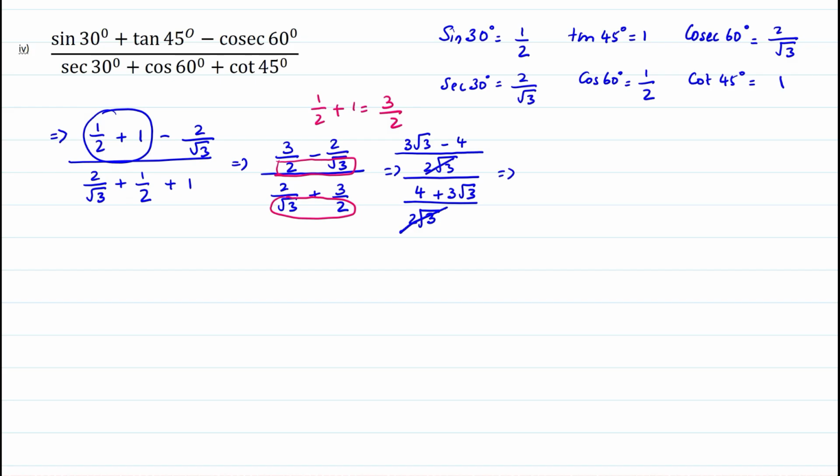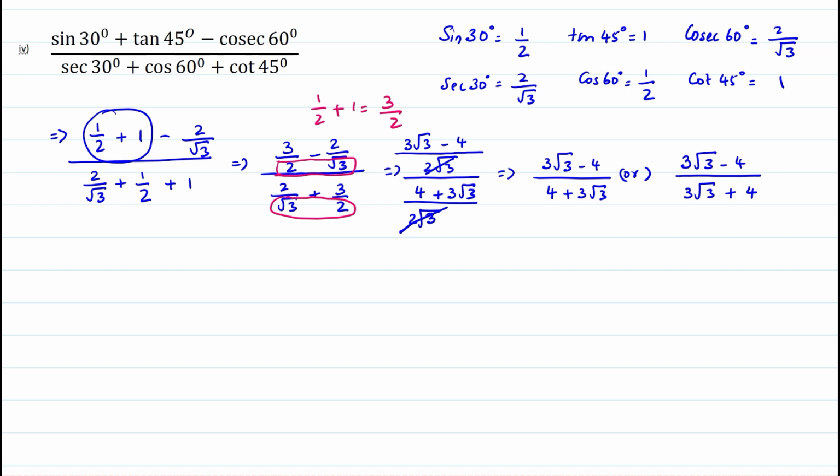So what is remaining is 3 root 3 minus 4 divided by 4 plus 3 root 3, or you write it as 3 root 3 minus 4 divided by 3 root 3 plus 4.